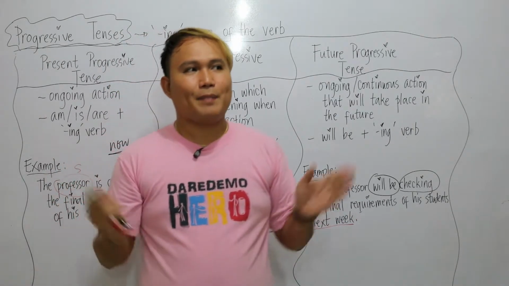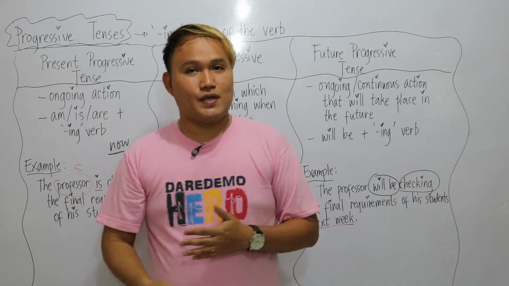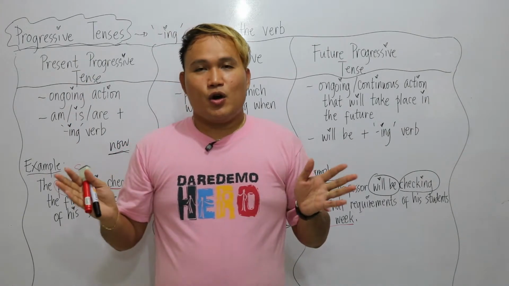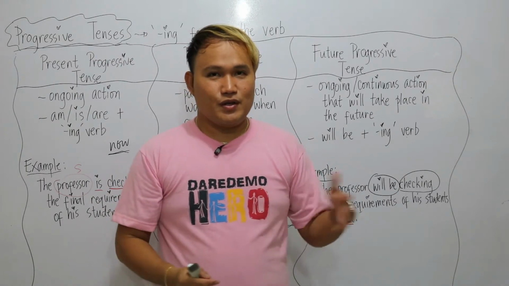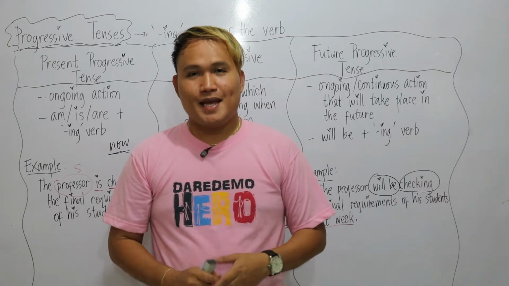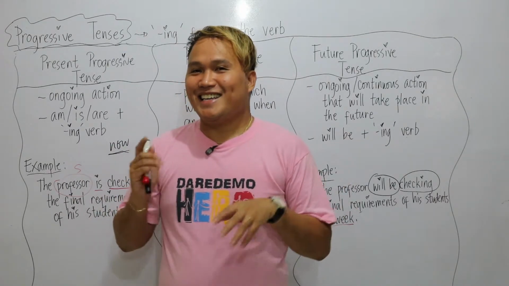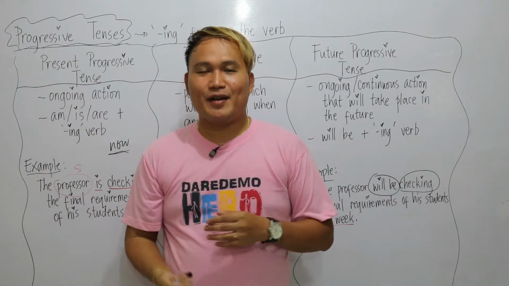It's like you are planning to do something in the future that's going to be continuous, and you don't know as to when will it finish. So that's why you're going to use the future progressive tense of the verb. That's what progressive tense is all about in this video.